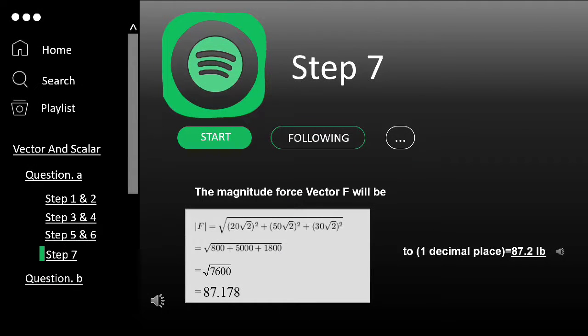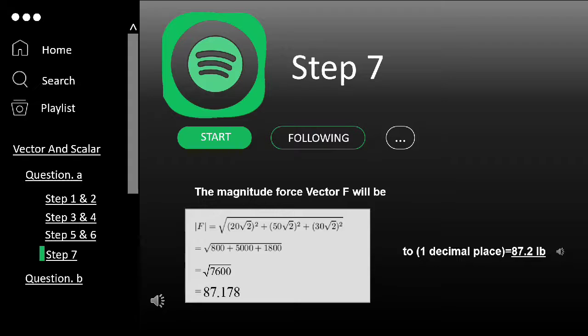The last step for question A is the magnitude of force vector F. The magnitude of F equals square root of (20 square root 2) square plus (50 square root 2) square plus (30 square root 2) square, equals square root of 800 plus 5,000 plus 1,800, equals square root of 7,600.